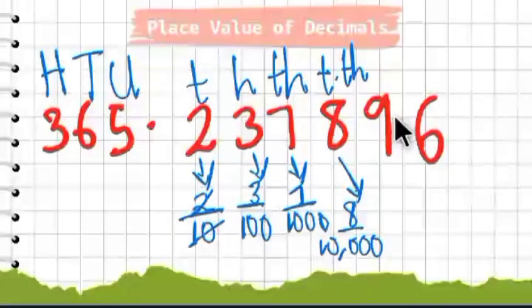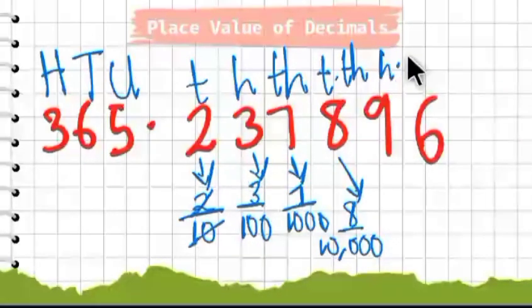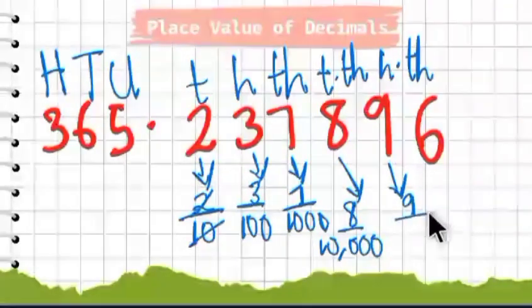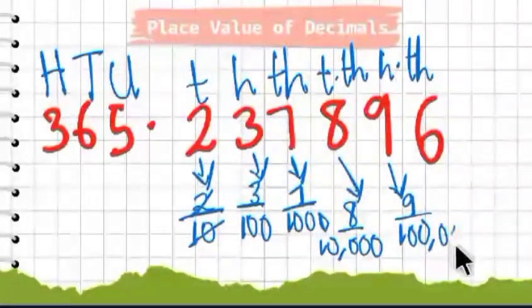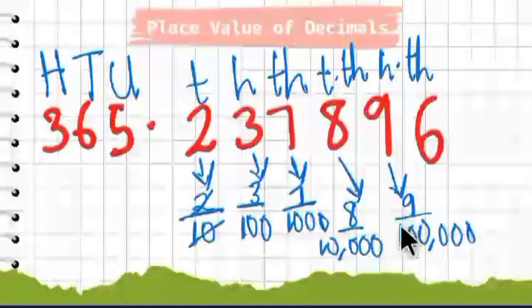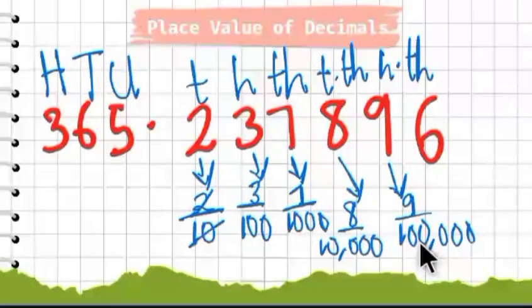We go to the next decimal value, 9, and it is hundred-thousandths, which is 9 over 100,000, which is 9 out of 100,000.